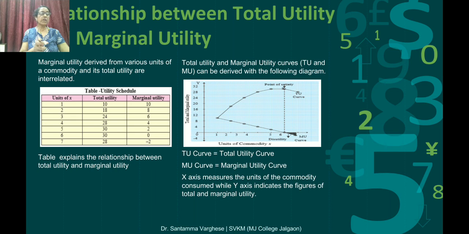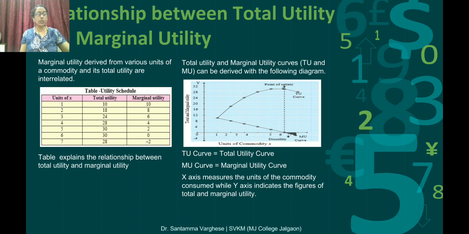As the consumer consumes further units of X, the total utility increases at a diminishing rate and the marginal utility goes on diminishing. You can see the upward climbing of the total utility curve and the downward falling of the marginal utility curve. At a particular stage, the total utility reaches its maximum and remains constant, where our marginal utility becomes 0.